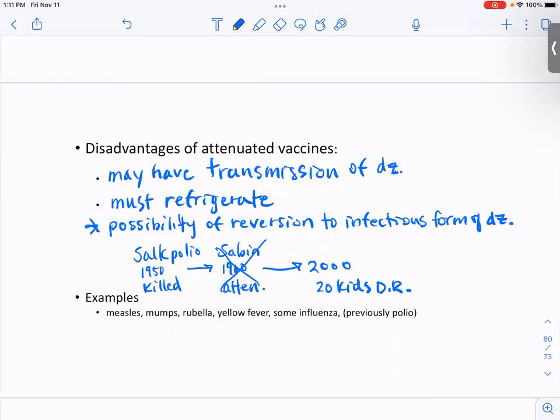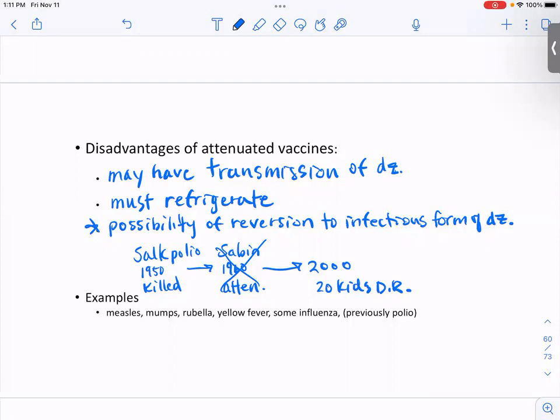And it works good enough because we don't have polio circulating here anymore. So we'll talk about that more. That Sabin vaccine still is used a little bit in other countries because it's so cheap. But eventually, hopefully, we won't have polio circulating anymore, and we won't have to administer the vaccine anymore.